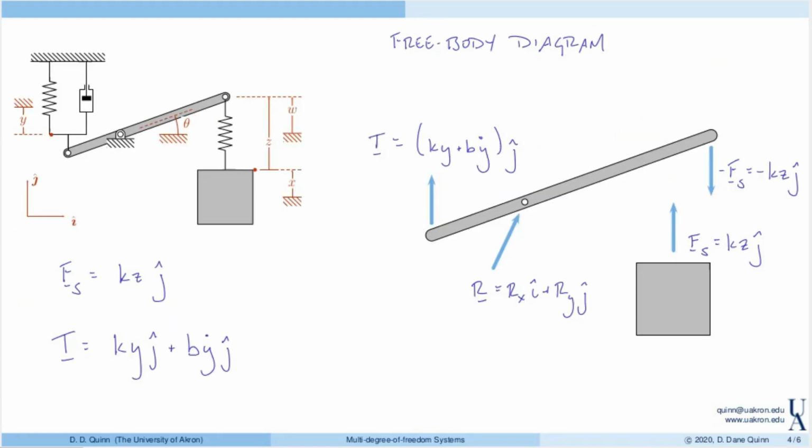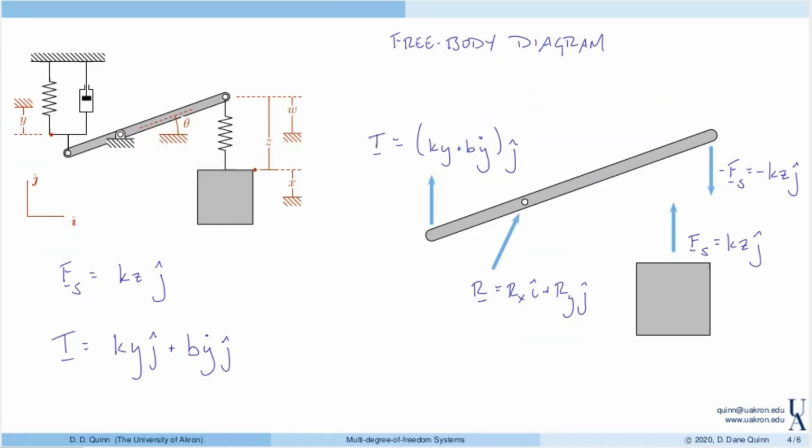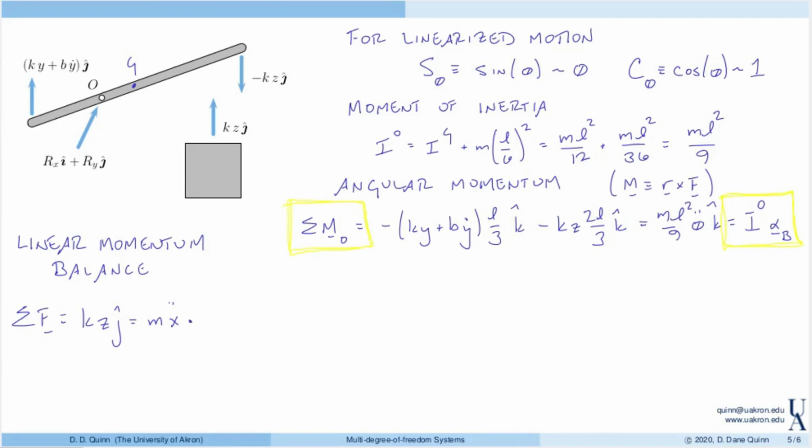Remember our kinematics. Let's see, where was that? Here. The acceleration of the block A is x double dot in the j direction. And again, mass times acceleration of A. So the law of mechanics is the sum of the forces equals mass times acceleration.